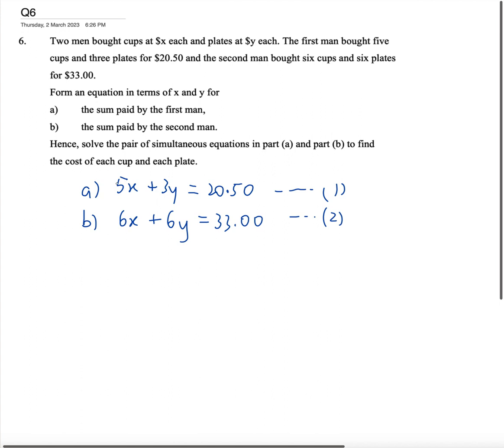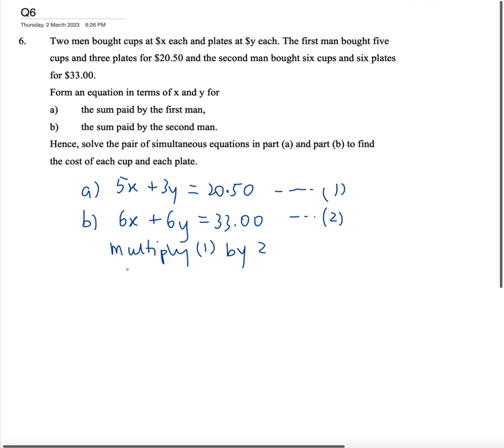And now we are to solve it. Again, we need to look for a common term. So we see that we can create a 6y. So we multiply the first equation by 2.